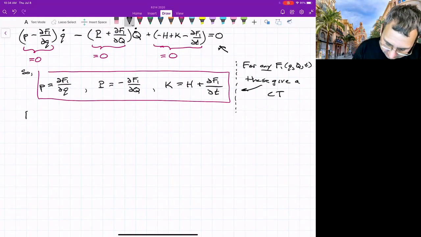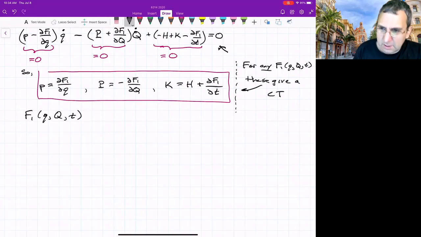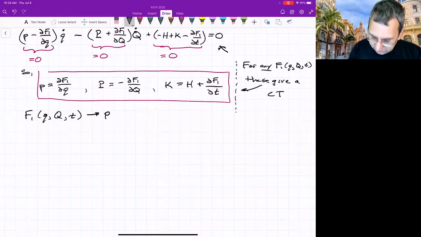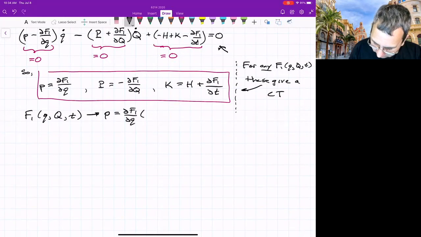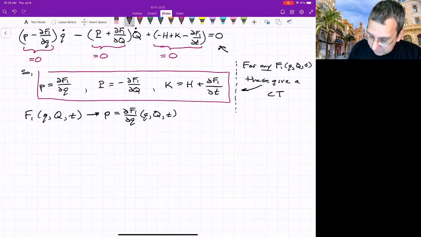If I've got some scalar function F1, I'll give an example. What will this give? This will give a little p, that is, take partial F1 partial q. That'll also be a function of little q, big Q, and time.